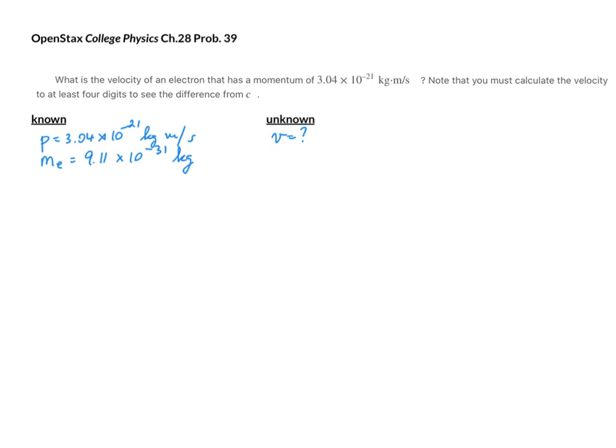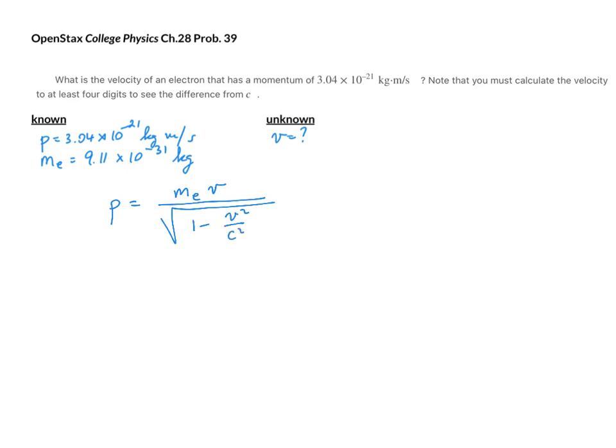So the electron is traveling really fast. It has a very high momentum. So let's use relativity for this. So p is the relativistic momentum, mass of the electron times the velocity, divided by the square root of 1 minus v squared over c squared.